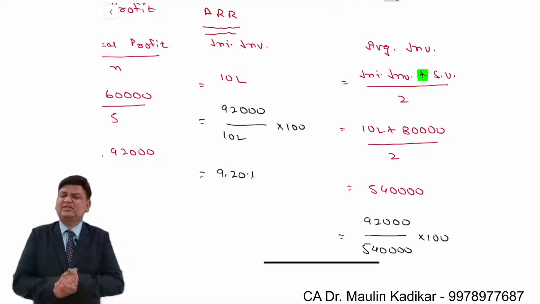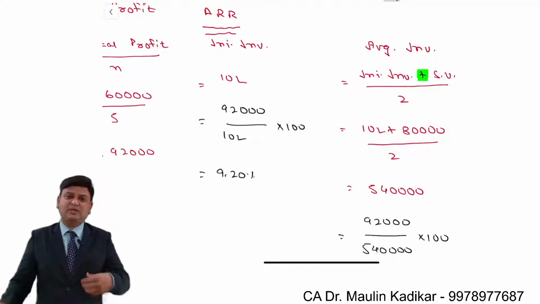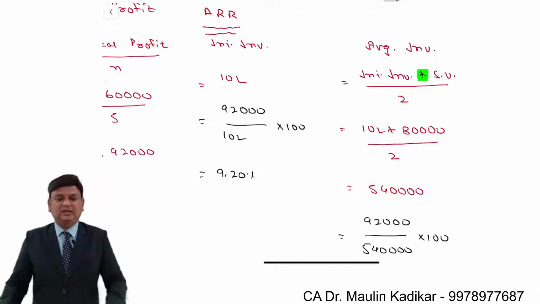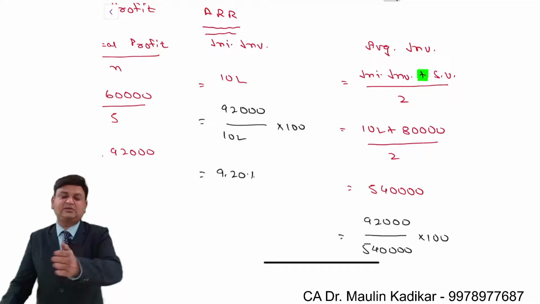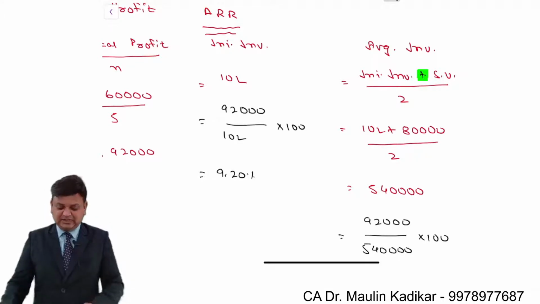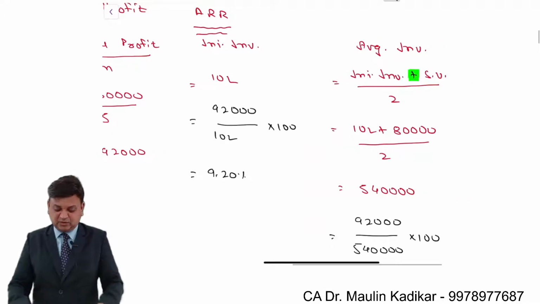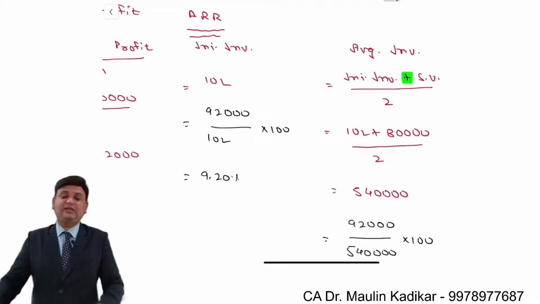Because profit can be easily manipulated. It is considered to be misleading for the purpose of decision making. So that is also one of the ways based on which this criterion is criticized. The only merit that it has is that it is very simple to calculate, otherwise it does not have any other merit.